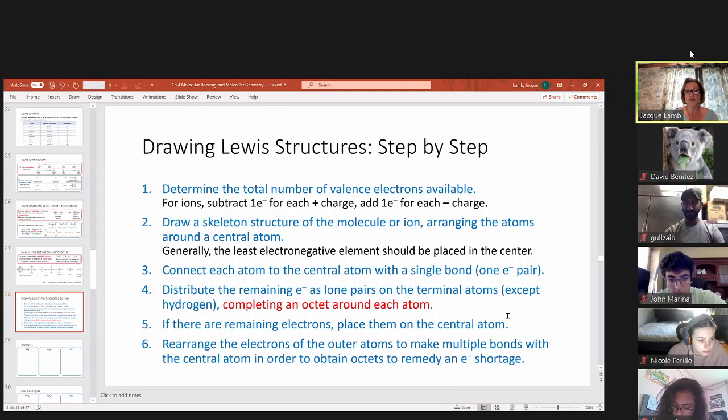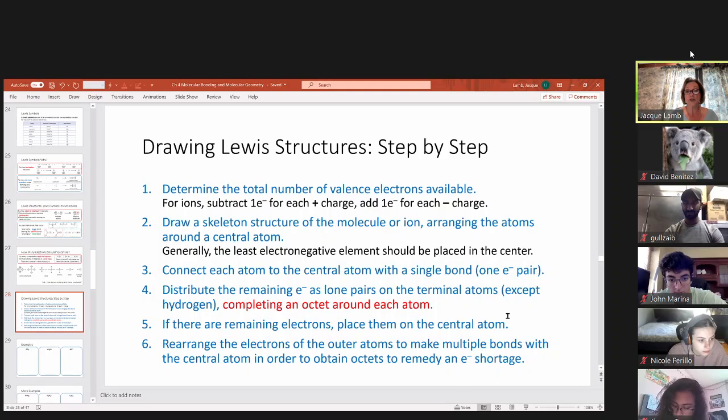So you have to count the number of electrons that you have in the structure and then rearrange those electrons as necessary, using multiple bonds with the central atom in order to obtain octets and the right number of electrons. So that will help you address any electron shortage.